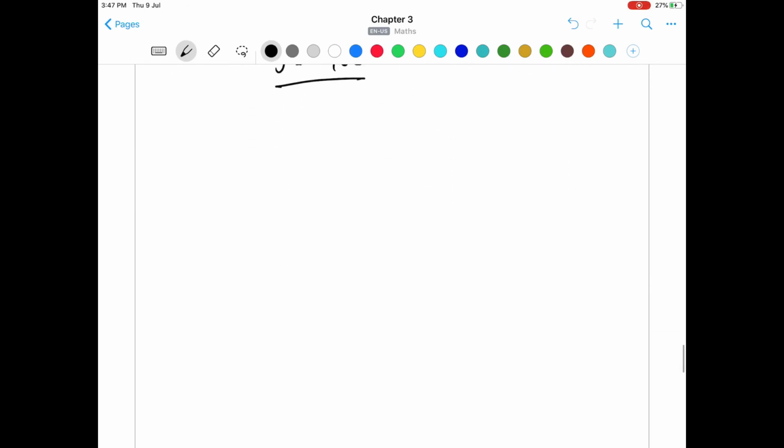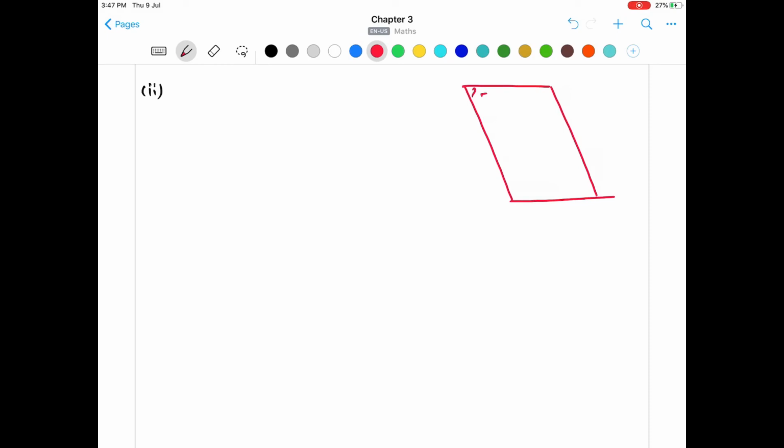Moving ahead to the second part of the question. Let's write the part second. So first we'll draw the figure. The given figure is something like this.